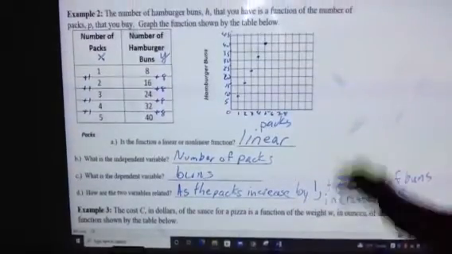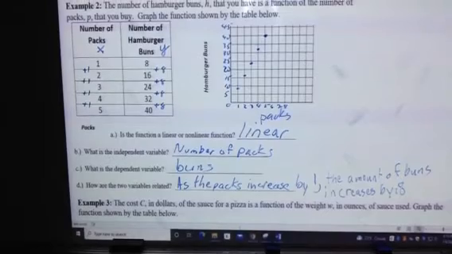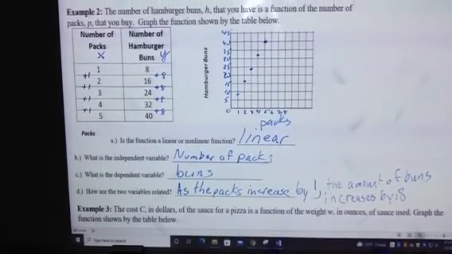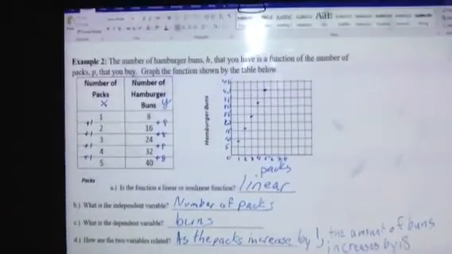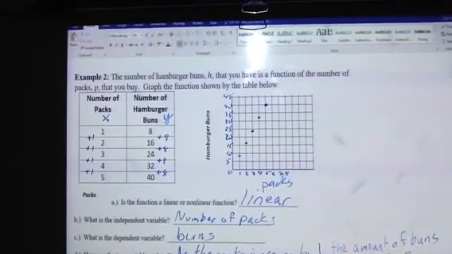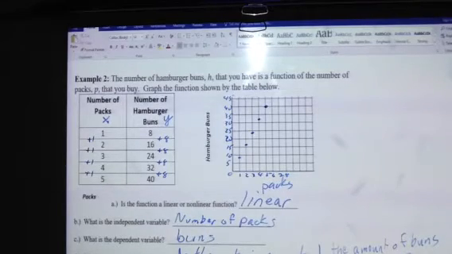And we can describe what's going on in this graph. So as the packs of buns increase by 1, the amount of buns increases by 8. And we can look at that because we can see those numbers increasing. Here's the next example.